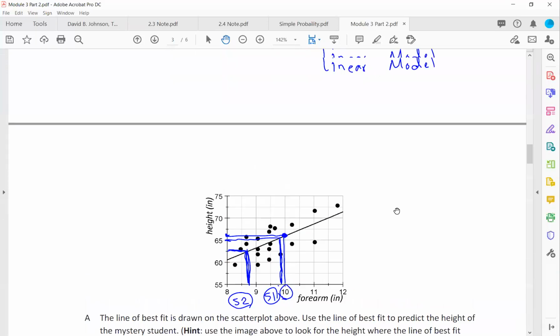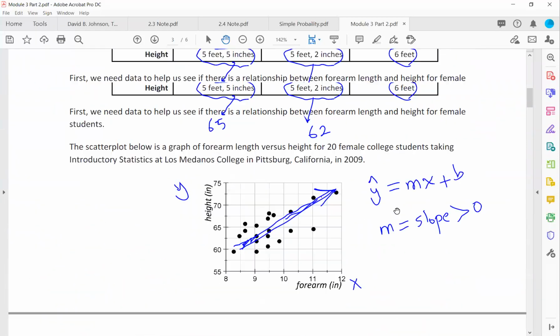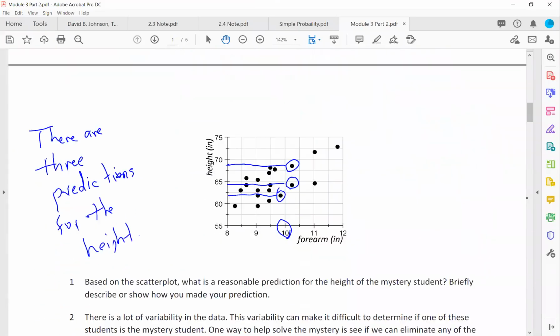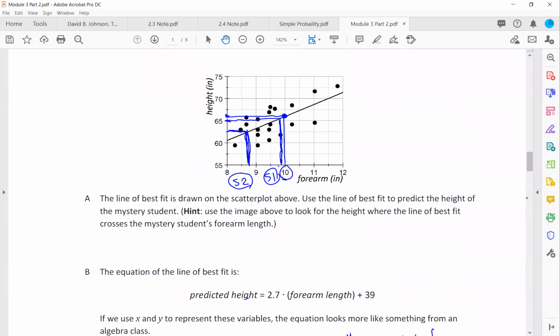What about S3? The third student with forearm missing, but we have the height, which is 6 feet. So you have to multiply 6 feet by 12. You get 72 inches. Let us match it. 72 inches is going to be roughly here, this point.